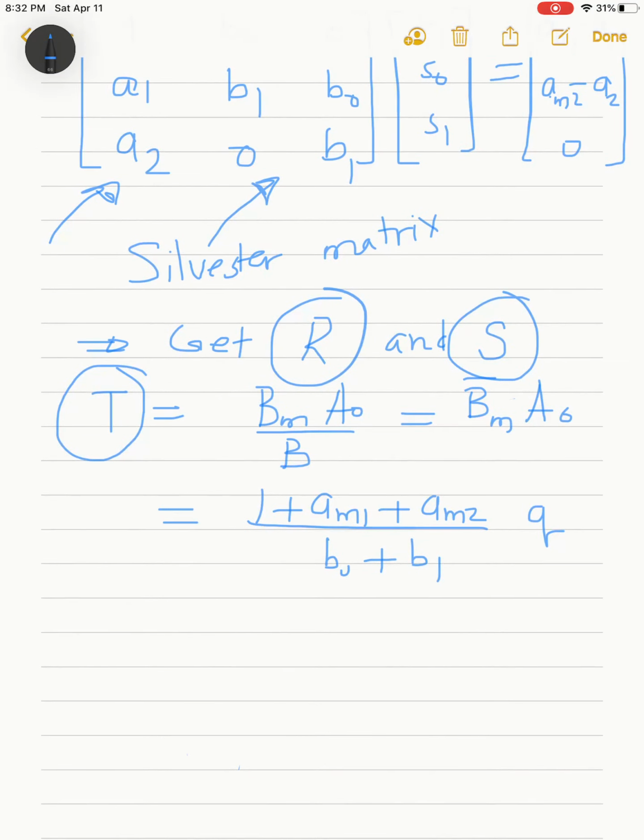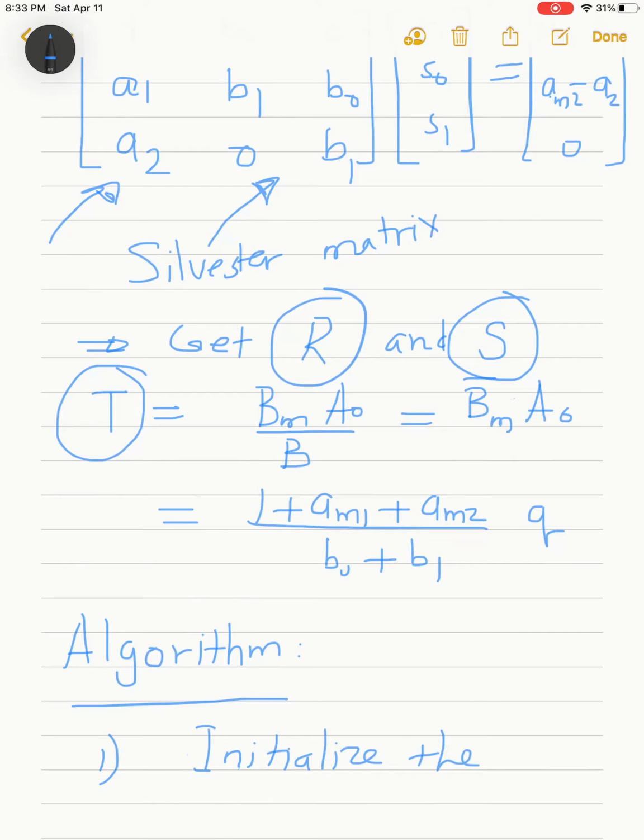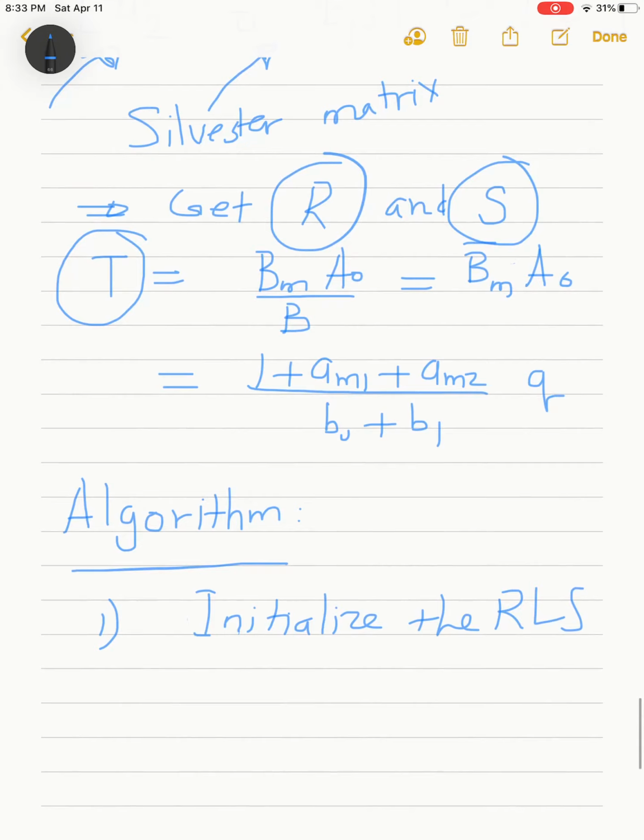Now let us write an algorithm to implement the proposed self-tuning regulator. The first step is to initialize the recursive least square algorithm, and that's by the selection of the initial estimate of the parameters and the initial covariance matrix.